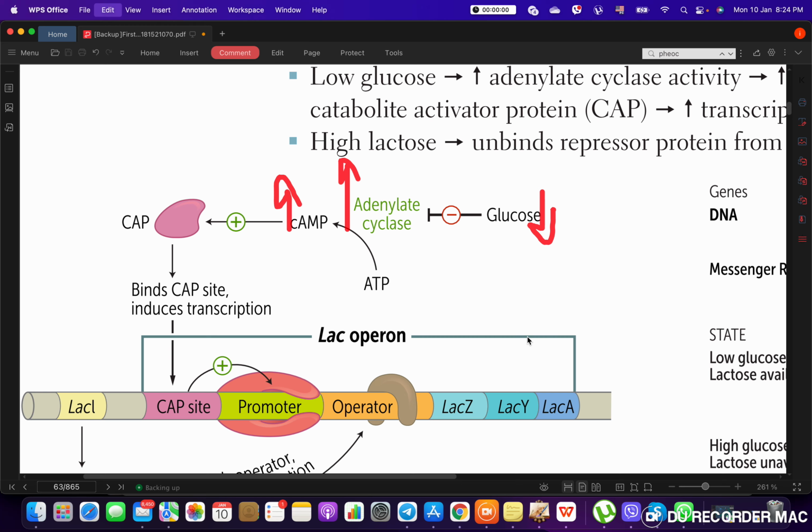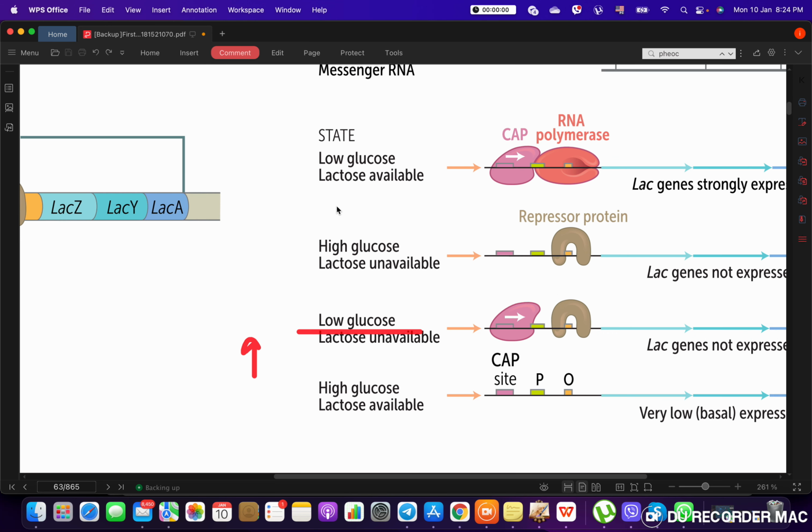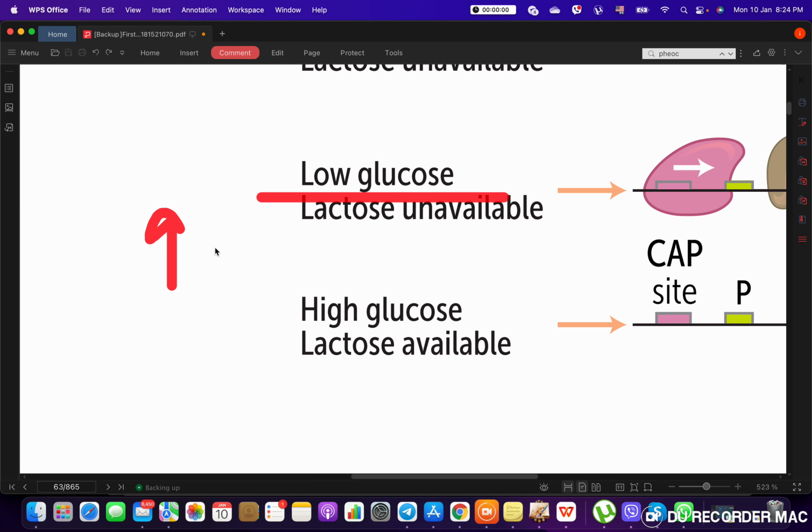So again, when we have low glucose, what happens to the cyclic AMP? Okay, so low glucose, cyclic AMP goes up. What is going to happen to the CAP? Will it be activated or deactivated? Absolutely activated, it will go up as well.